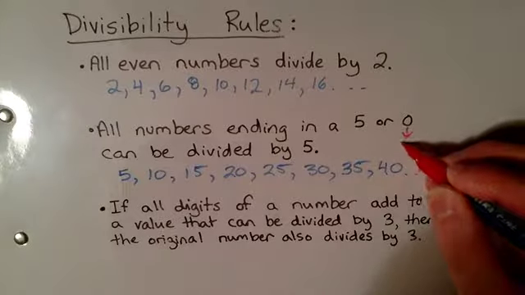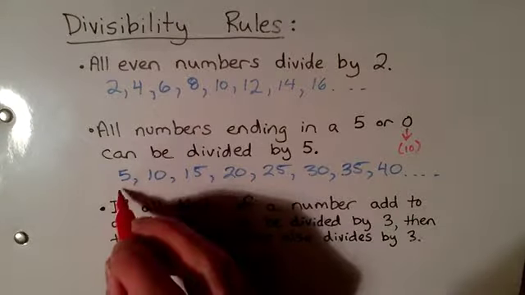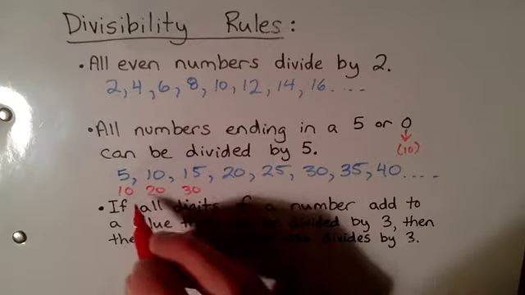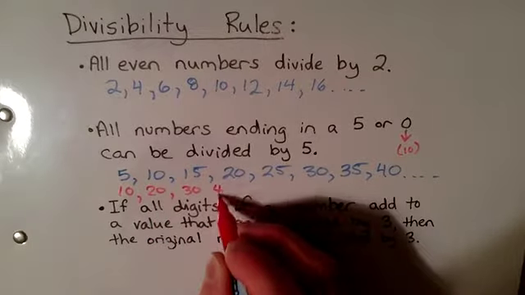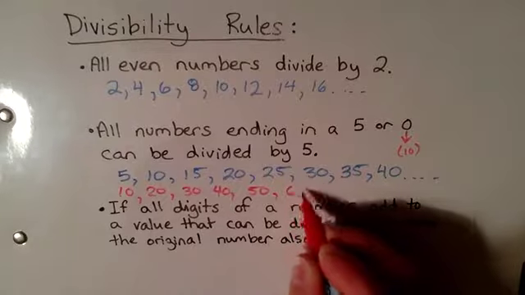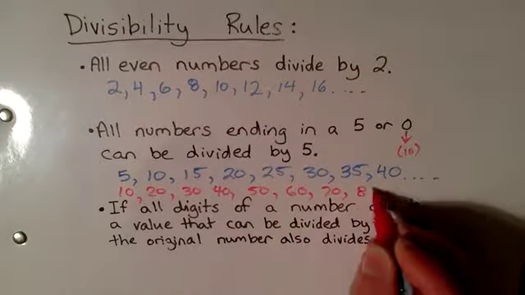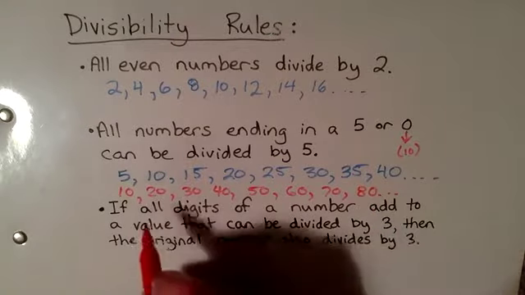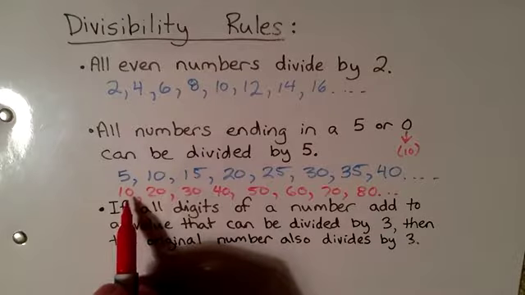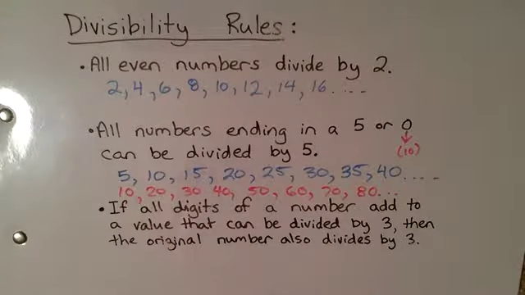If it ends in a 0, it can be divided by 10, because if we do the multiples of 10, we get 10, 20, 30, 40, 50, 60, 70, 80, and so forth. You'll notice that every time we go up, we get to a number that ends in 0. That number is always a multiple of 10, so it can therefore be divided by 10.